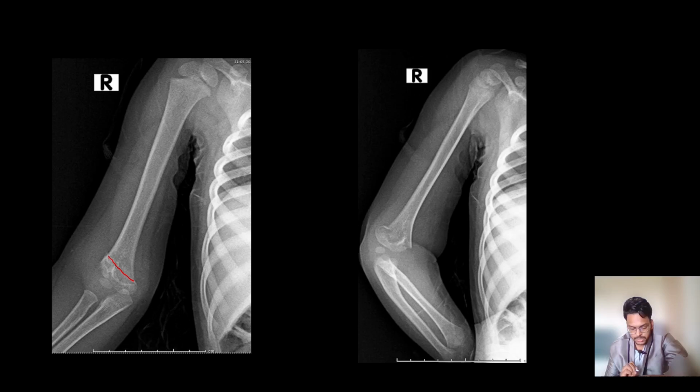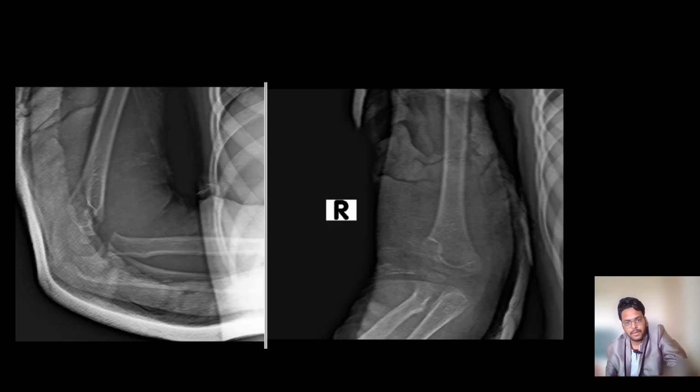No, not much displacement. Again in lateral view, here is the fracture. Is it displaced much? No, here it is also not displaced. So it is an undisplaced supracondylar fracture. You can give it as type 1 of Gartland.